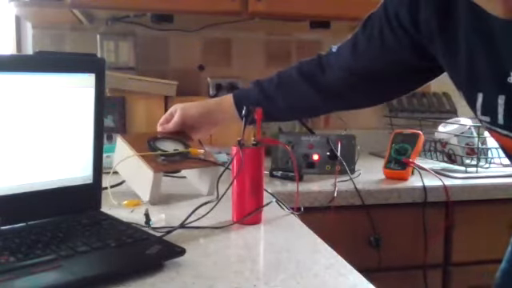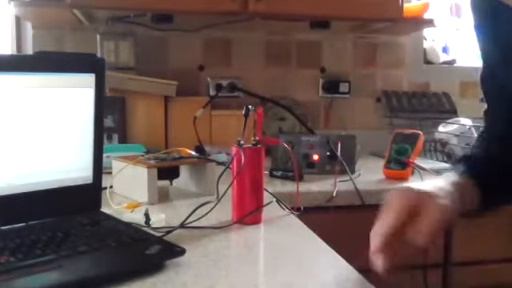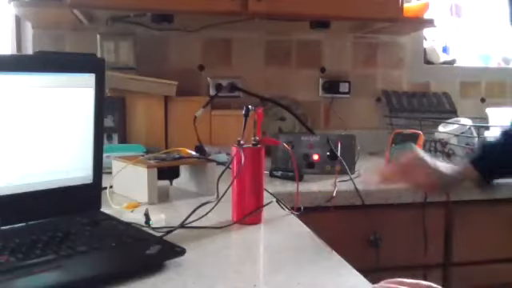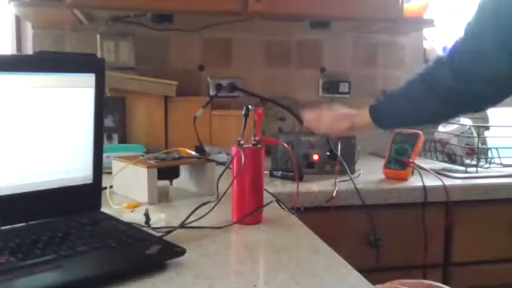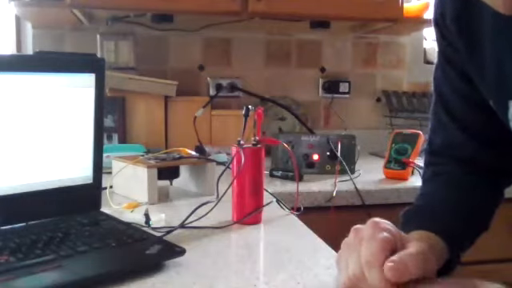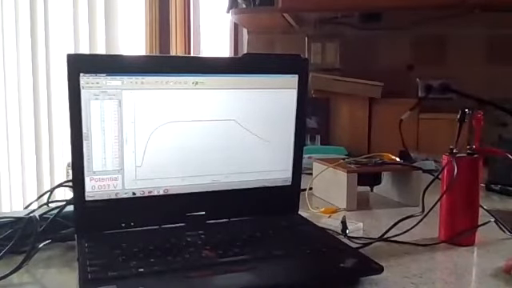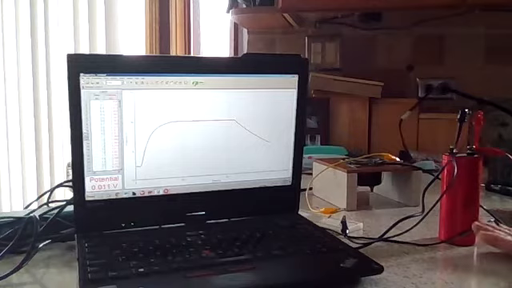We have an ammeter, which actually measures how much current, how many amps are flowing around the circuit at any given time. And the power supply back here that we'll use, I'm going to crank it up, turn it on very quickly, and I'm going to record in real time the voltage across the capacitor here.